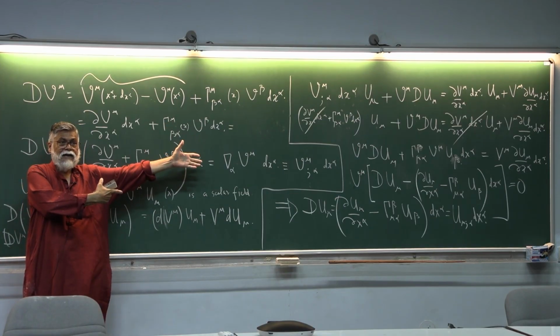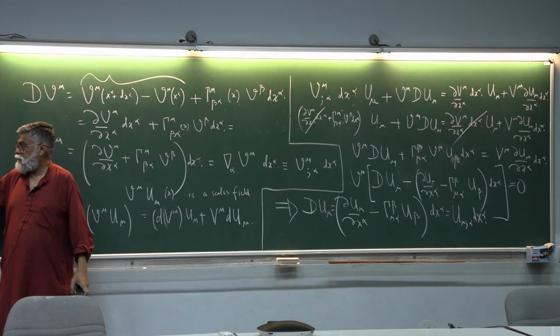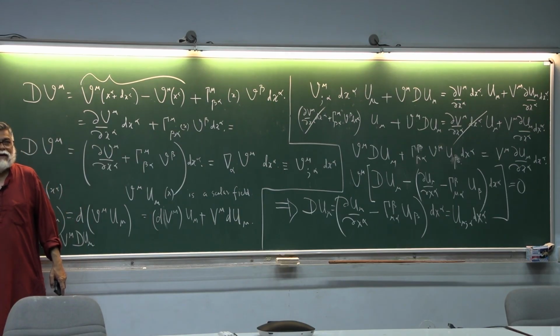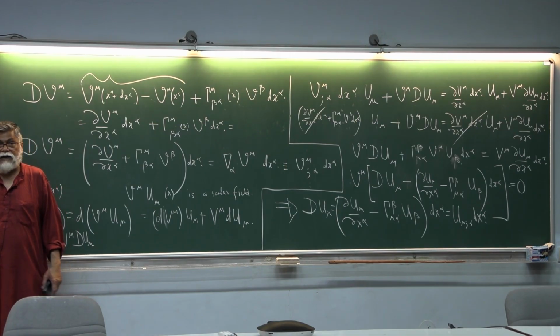The standard thing is, if you don't want to introduce a new proportionality constant, the Christoffel symbol was used as a proportionality thing. We say that, look, that is what Christoffel, Riemann, Gauss did. But supposing we want to do something new, we say that this is for the contravariant vector field.